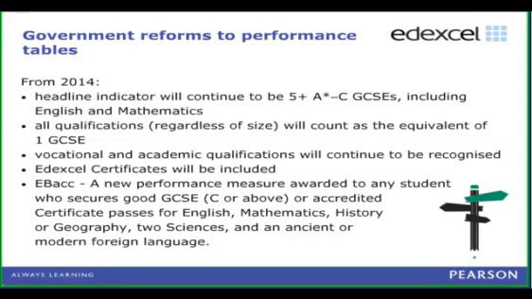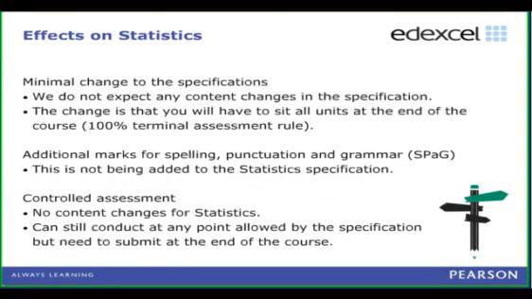It's not a separate certificate as such, but it's for those students that get a grade C or above at GCSE in English, Maths, History or Geography, a science and an ancient or modern foreign language. So I don't think there are any plans to bring in separate certificates for that at the moment.